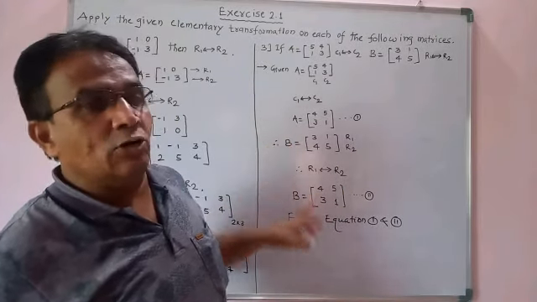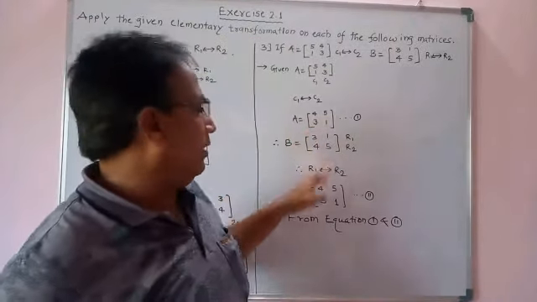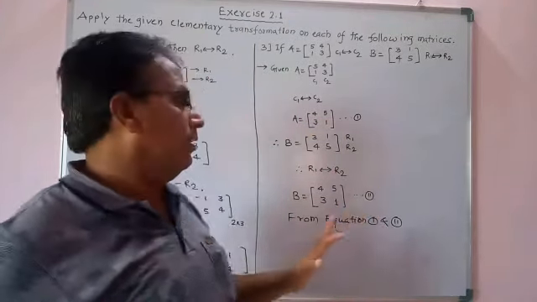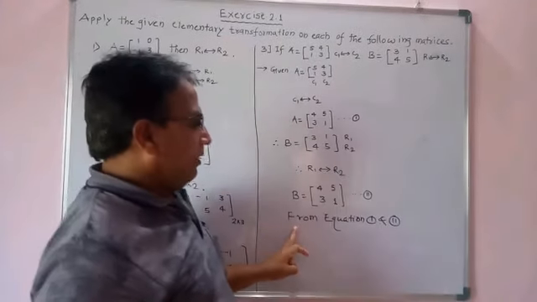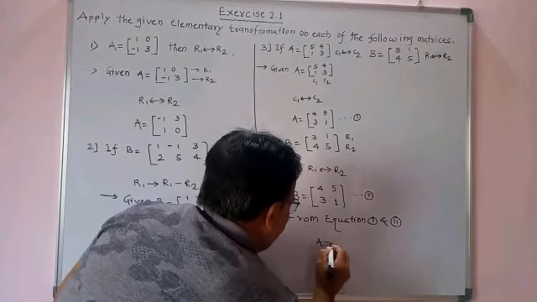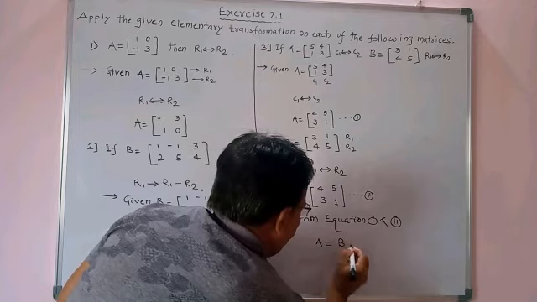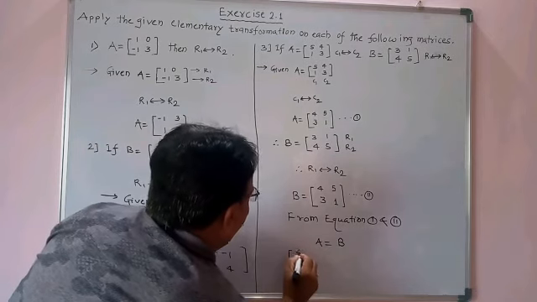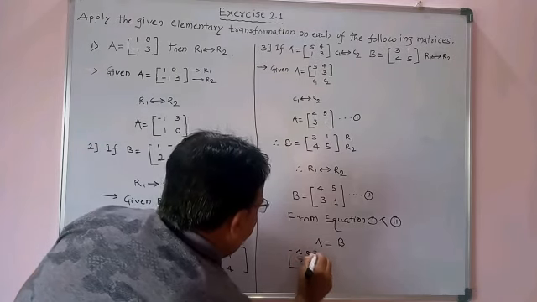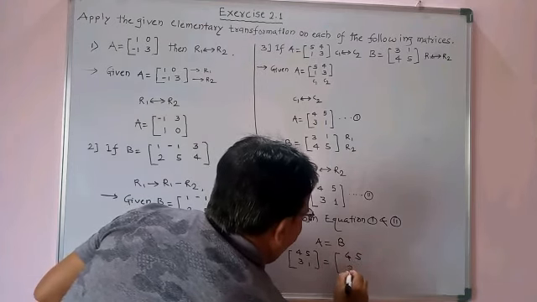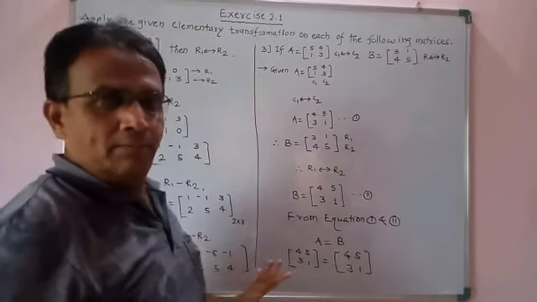New matrix A and new matrix B are equal. Therefore, from equations first and second, new matrix A equals B: A is [4, 5; 3, 1] and B is [4, 5; 3, 1]. Do you understand? Okay.